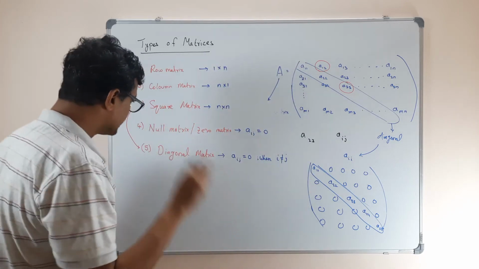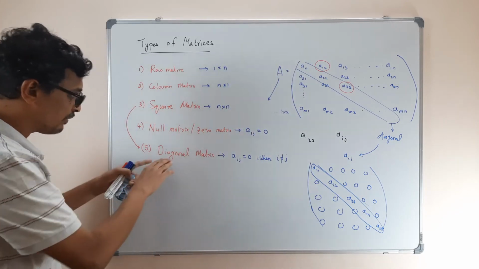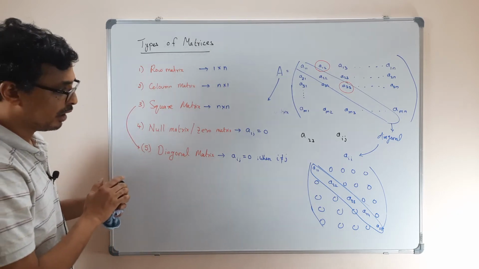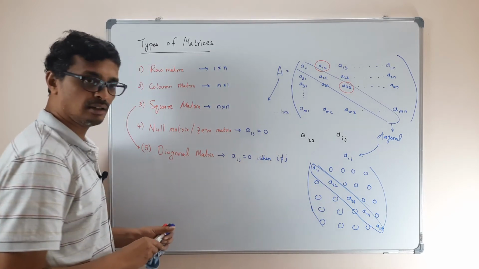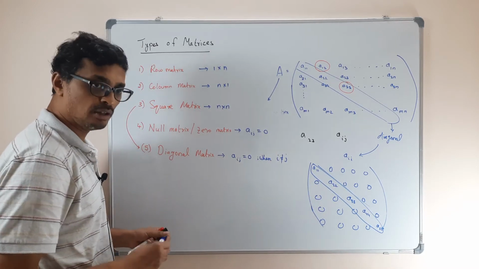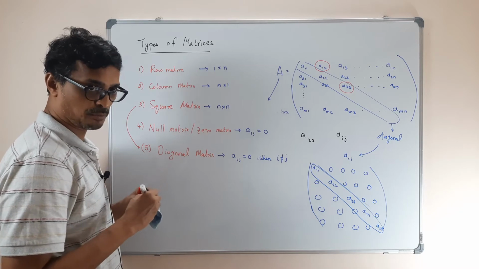Actually, scalar matrix is again, see, now once you have a diagonal matrix, what it says is that in a diagonal matrix only the diagonal elements are non-zero, and the rest are all zeros. Okay.